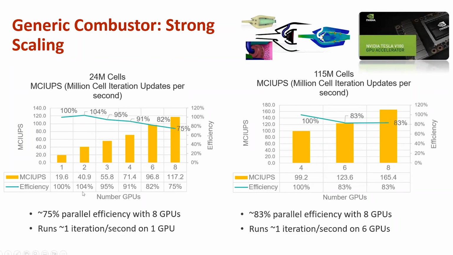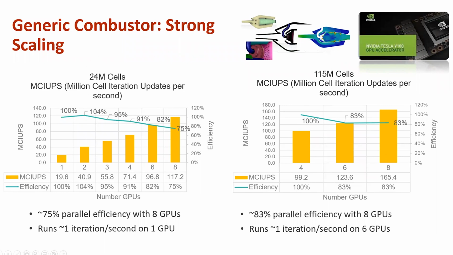Now, ideally, if your scalability was 100%, then by adding 8 cores, you should have gotten 8 times the MCI UPS value, but you only get around 117.2 instead of roughly 160. So that is around 75% efficiency. That means that by adding 8 GPUs, you're getting around 75% scalability over here, which is what is represented by this blue line over here.